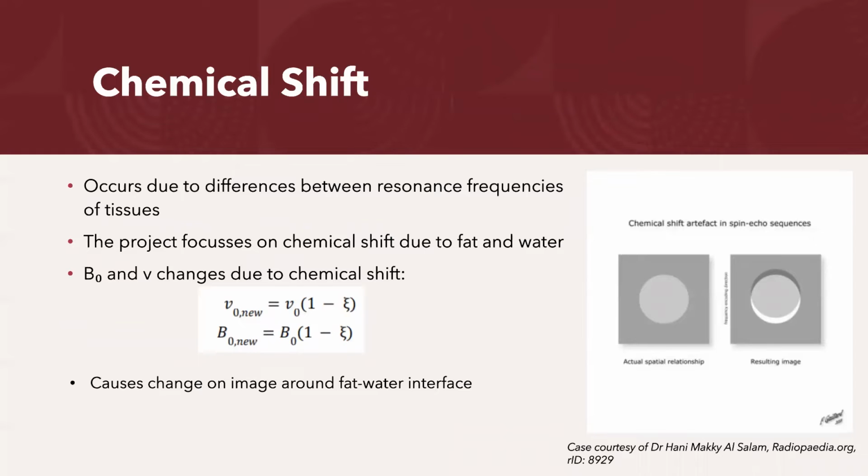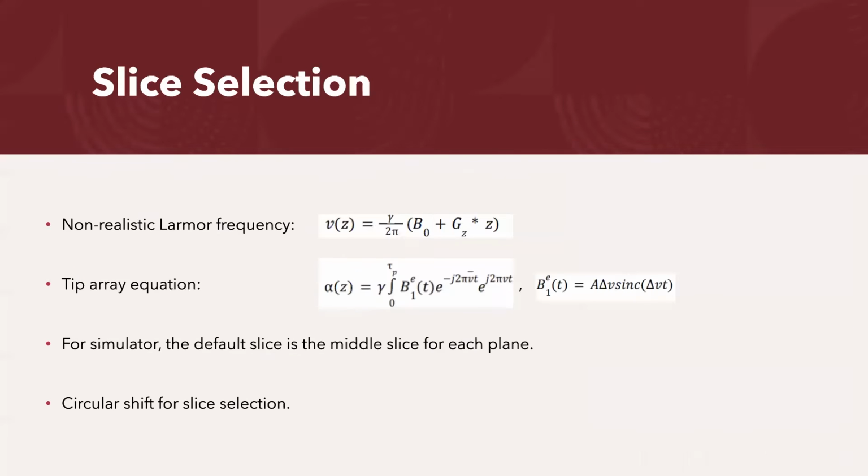As for the chemical shift, it occurs due to differences between resonance frequencies of tissues, and it mainly happens around the fat-water interface, and it can change B0 and the Larmor frequency, which can alter the reconstructed image.